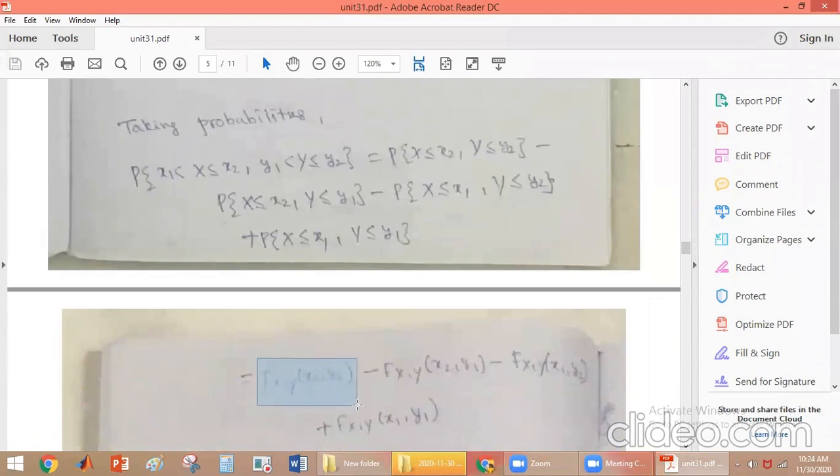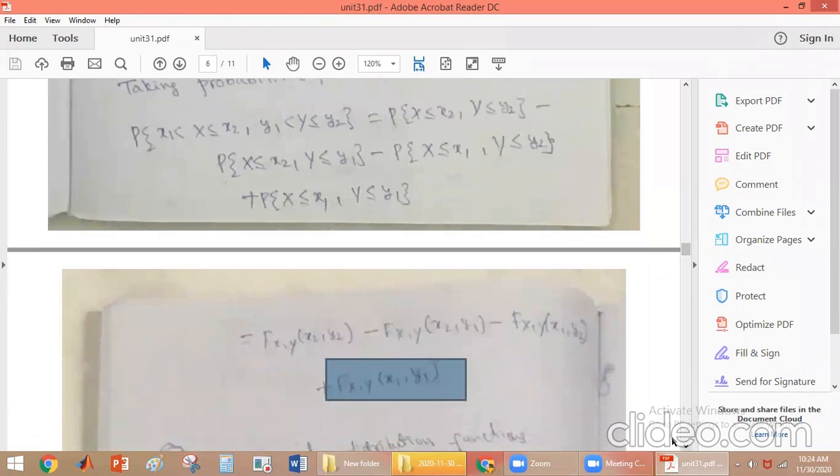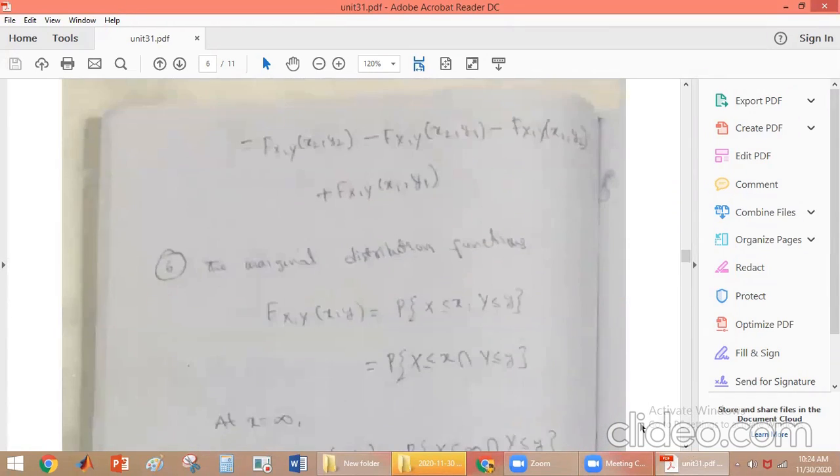It is nothing but the joint probability distribution function at x2 and y2. The second one is the probability distribution function at x2 and y1. The third one is the joint probability distribution function at x1 and y2. And the fourth one is the joint probability distribution function at x1 and y1. So that is our fifth property.